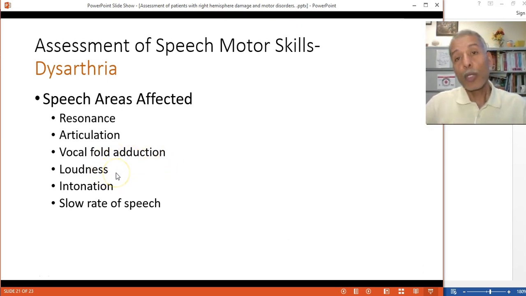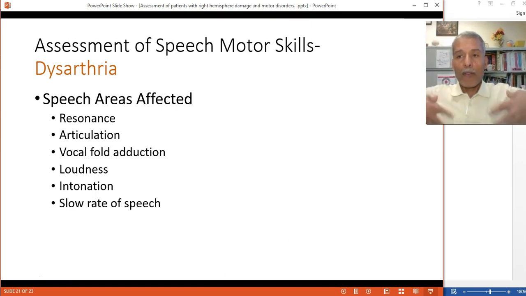Loudness is affected because of decreased lung volume. Intonation is affected because, again, the decreased air supply makes the person unable to build subglottic pressure beneath the vocal folds.